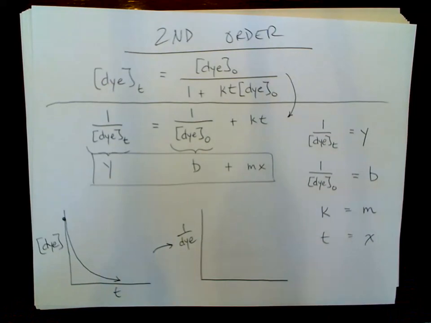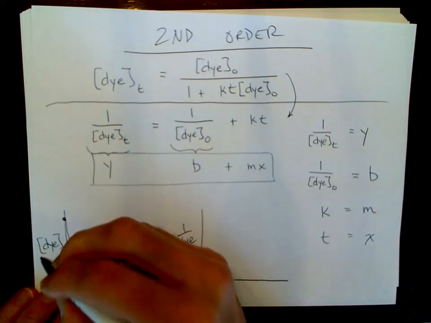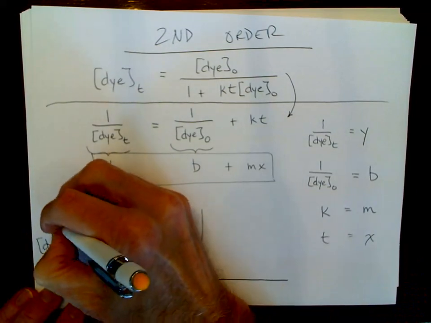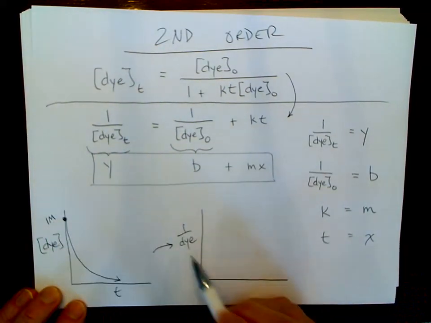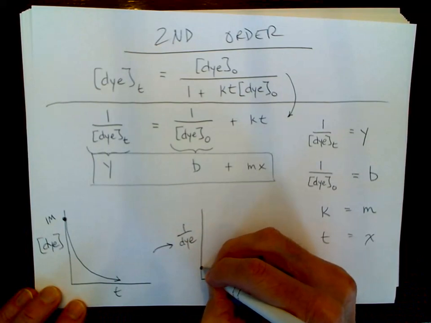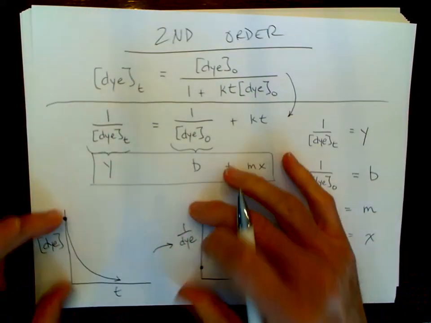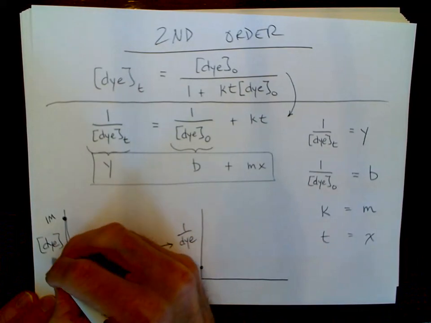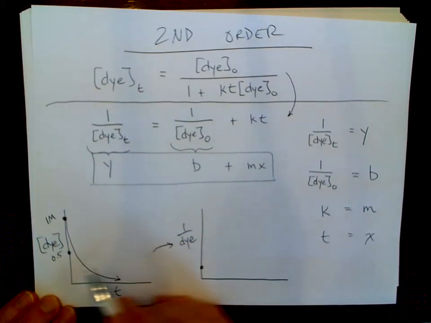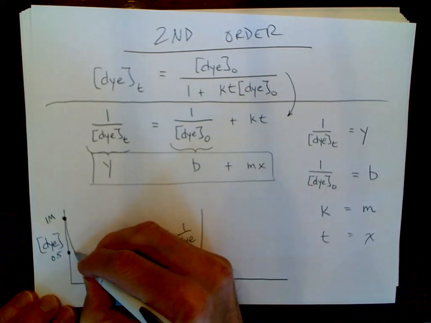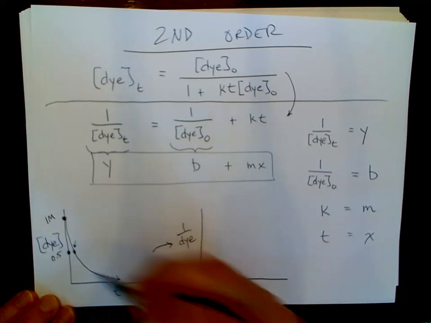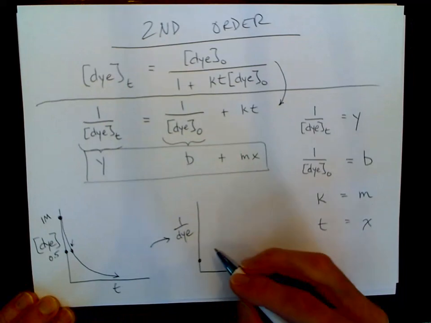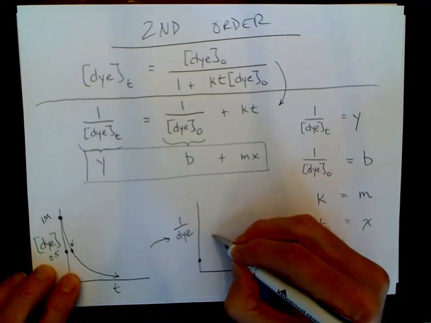To show you how that looks, let's say we start at a dye concentration of 1 molar. What's 1 divided by 1? That's 1, so we're going to start right here. These are different scales. Then let's say right about here, it's down to 0.5 molar. What's 1 divided by 0.5? Hey, that's 2. So at this point, we've moved up to 2.